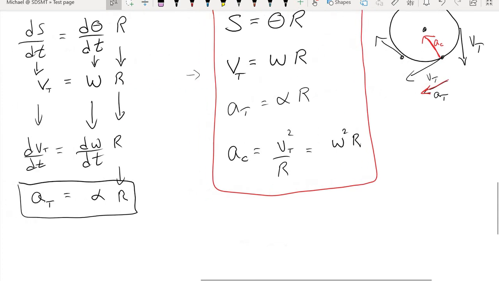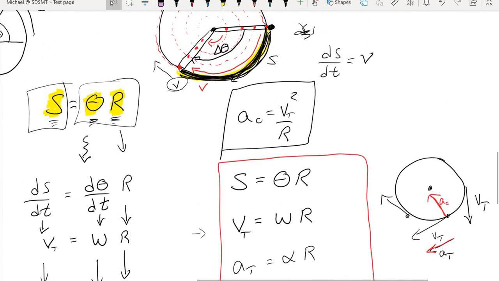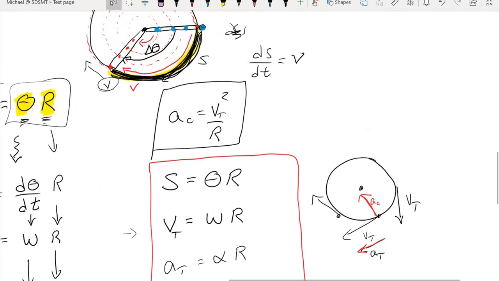And so what this means for us is that we can go back to any point on our meter stick and we can say, all right, maybe this meter stick is spinning at a rate of 5 radians per second. What is the velocity of the point at the very end of the meter stick?